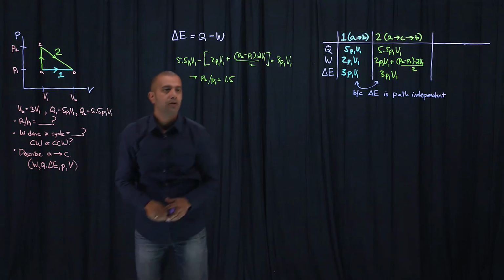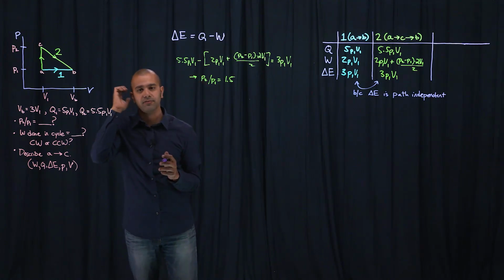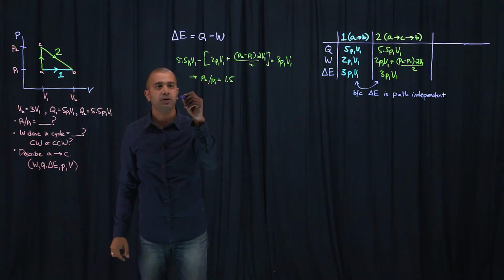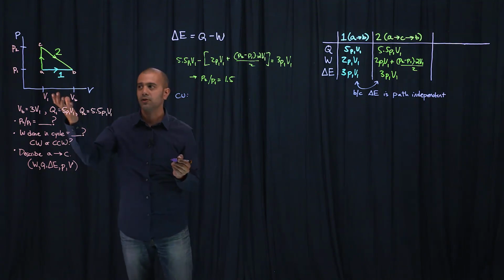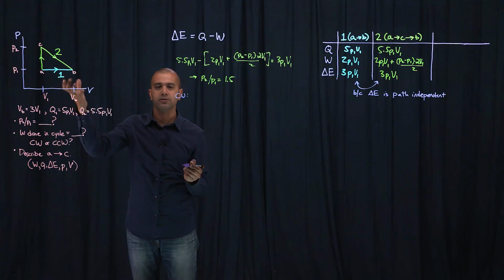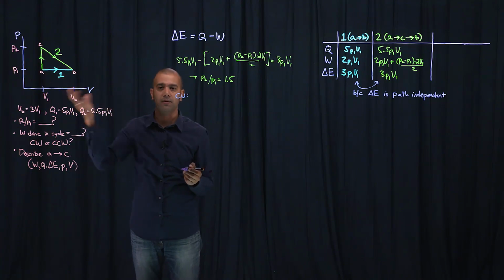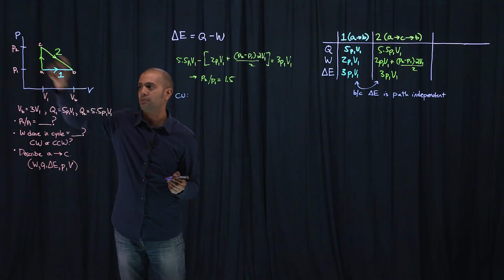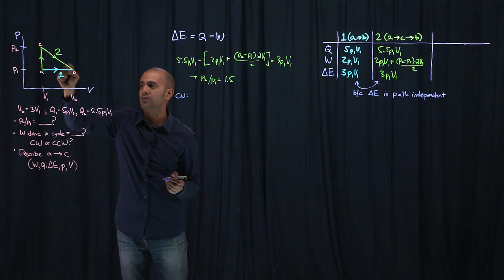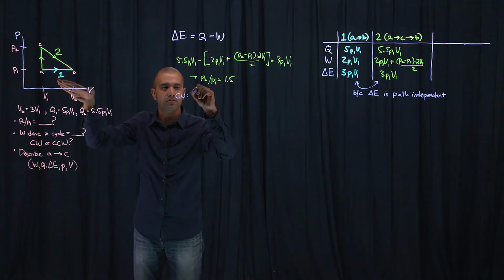And to do that, to see if the work is positive or negative, I would just do a quick geometric argument, which is just take a look at the integrals in the clockwise direction and then the integrals in the counterclockwise direction and compare their signs. In the clockwise direction, let's just start at A. We've got to get back to A by going along that path. So from A to C, the integral is 0. From C to B, the integral is whatever the trapezoid is.